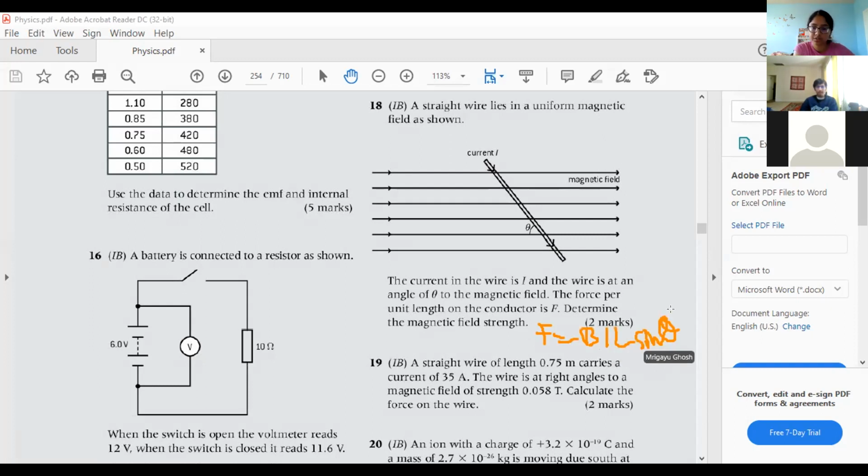Because it's per unit. So then the force is MF, right? Because we're saying the F here is force. So, okay, let's look at it like this. Then would you multiply it? So then when you divide, it would be.